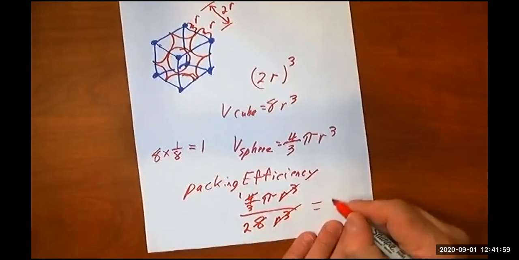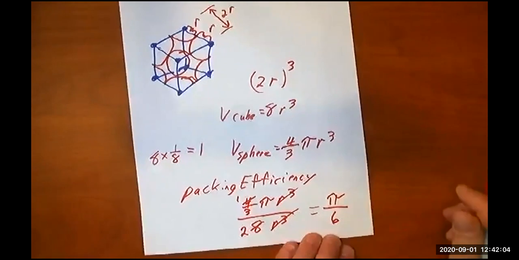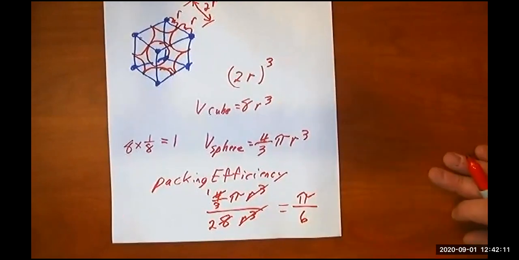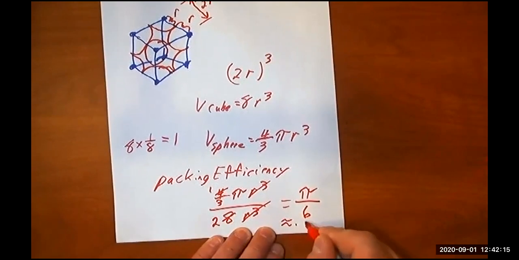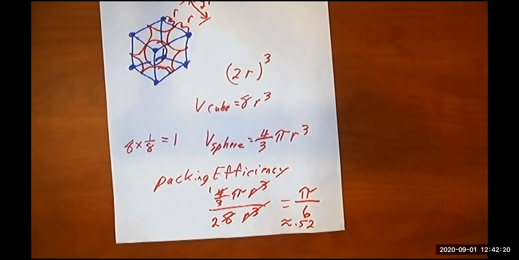And we have the denominator, and we end up with pi over 6. I think I did that right. Can someone calculate for me what pi over 6 is? Okay, so it's around 0.52. So 52% packing efficiency. 52% of the space is taken up by the spheres, which means that 48% of it is the empty space in between the spheres.